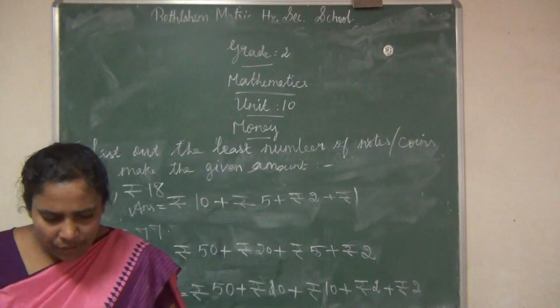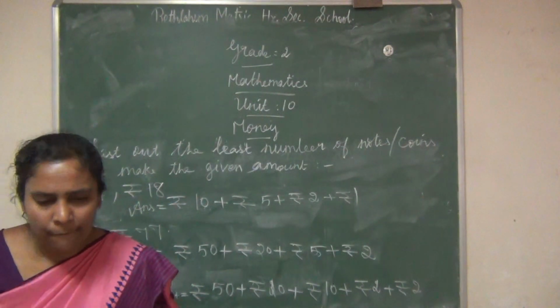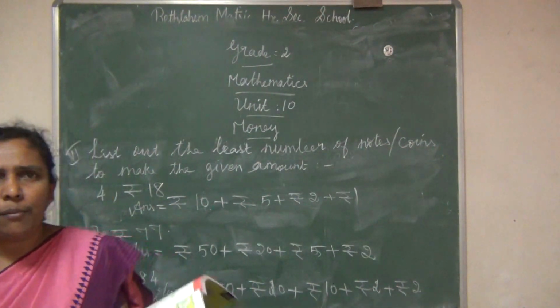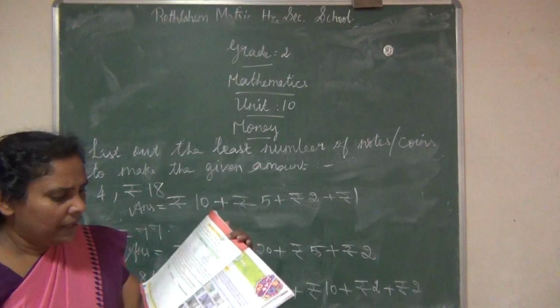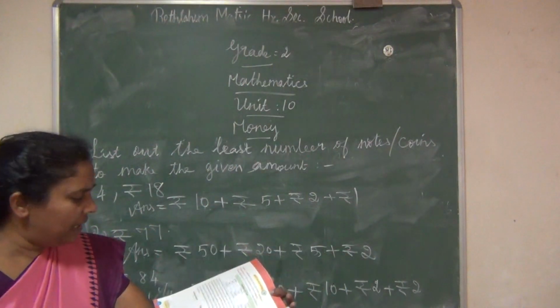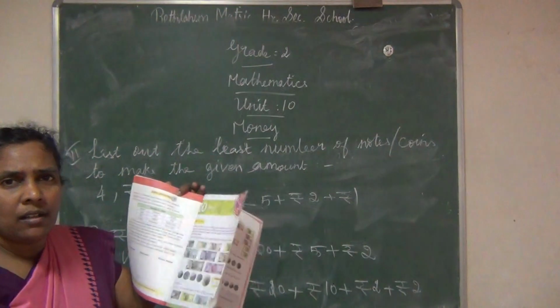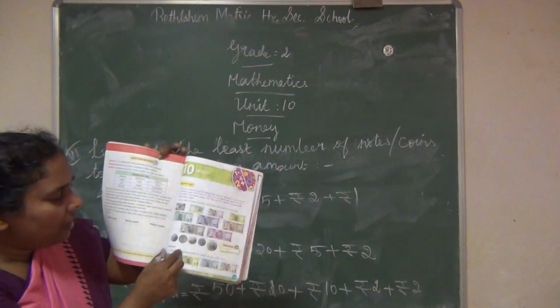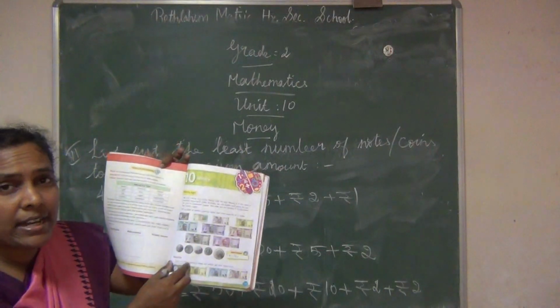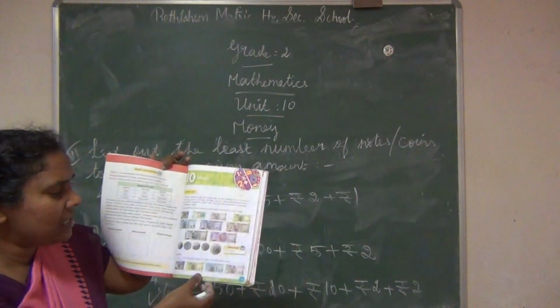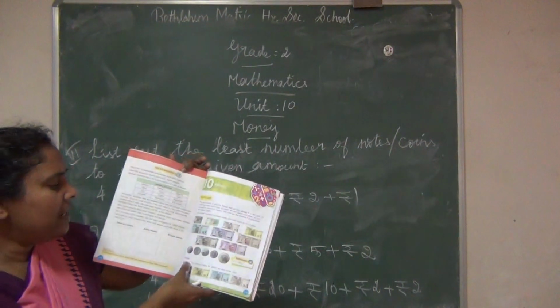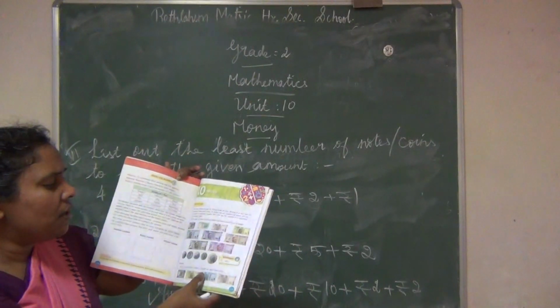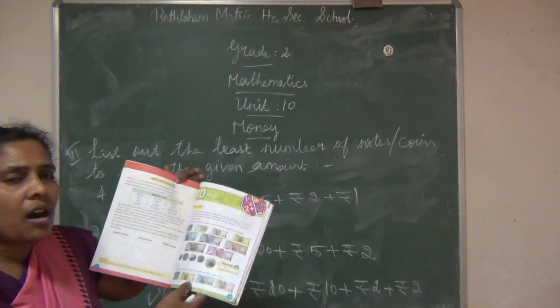Now, all of you take your book. Take page number 159. At the last, there they have given an exercise. Have you seen the heading exercise? Read it. Tick the currency notes for which we have coins.